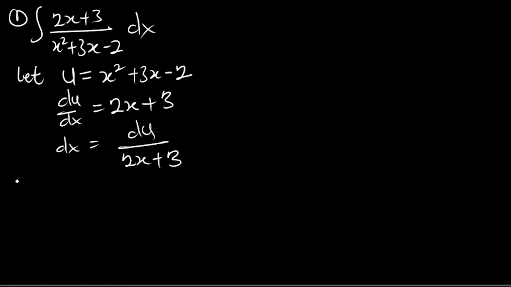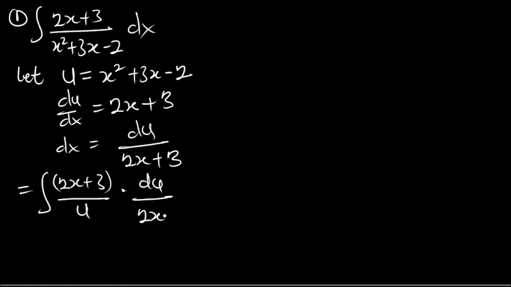Therefore, this integral is going to be equal to the integral of, I have my 2x plus 3 on u, and dx is equal to du on 2x plus 3. Looking at the terms, this can take care of that. So I'm going to have the integral of 1 on u du.